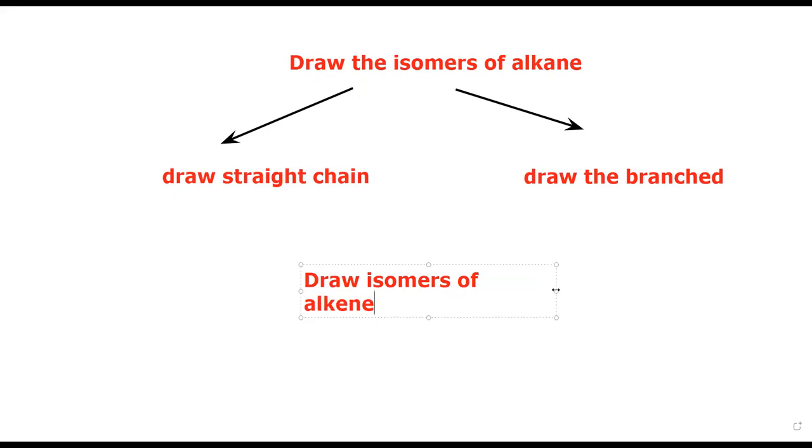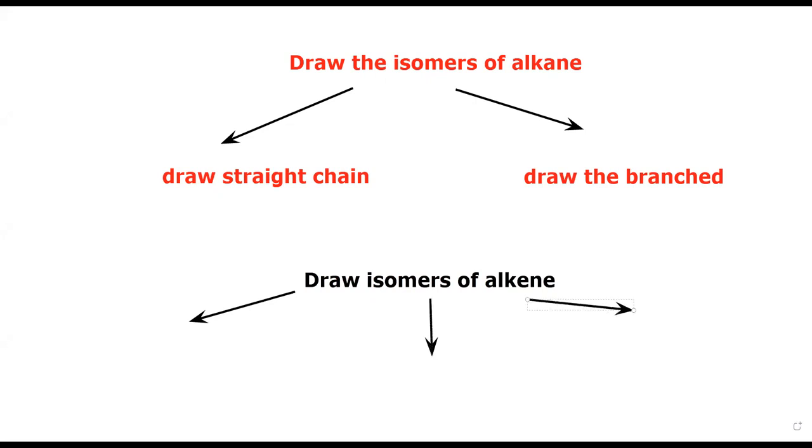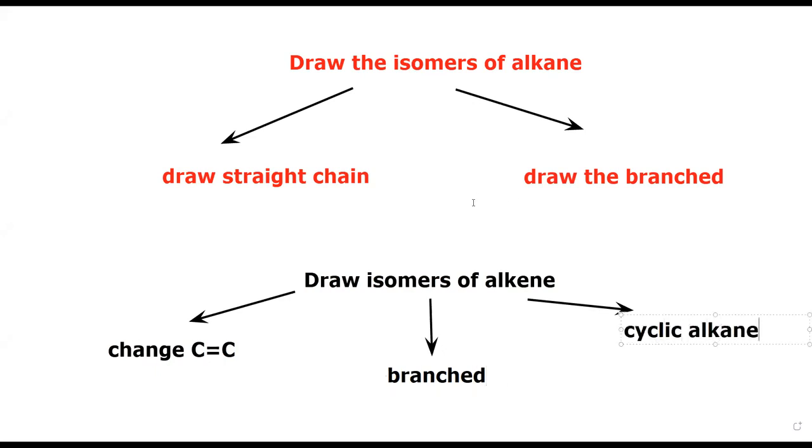We can change the position of the double bond, we can draw a branch, or we can make a cyclic alkane. So one way, change the position of the double bond. Second is make a branch. And the third one, you can make a cyclic alkane. These are the three ways for alkenes and two ways to draw isomers of alkane.